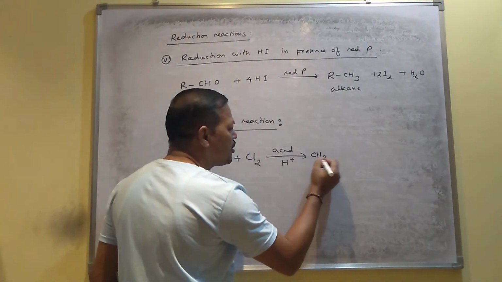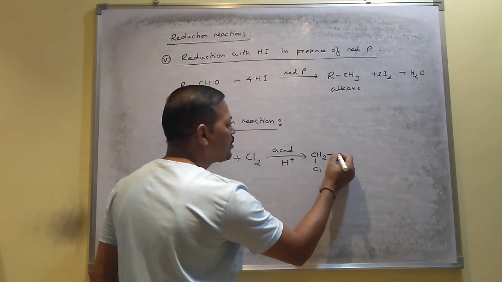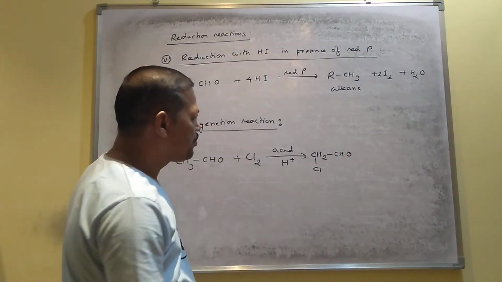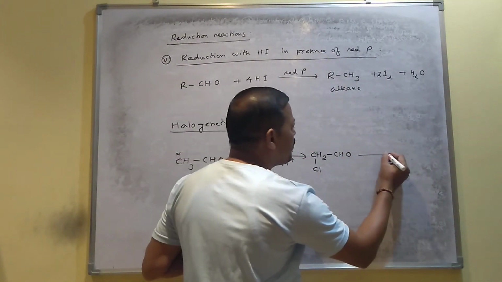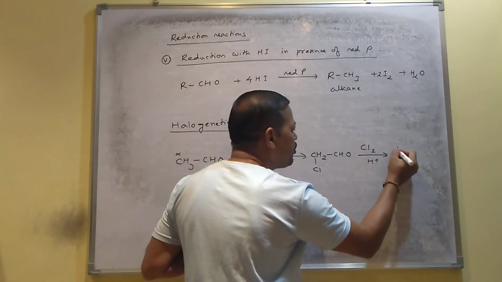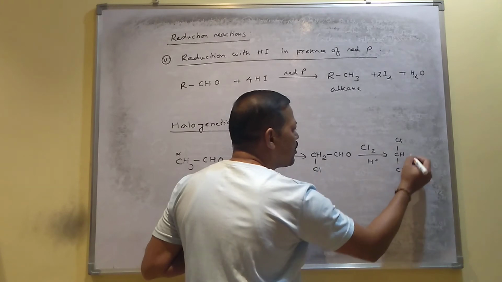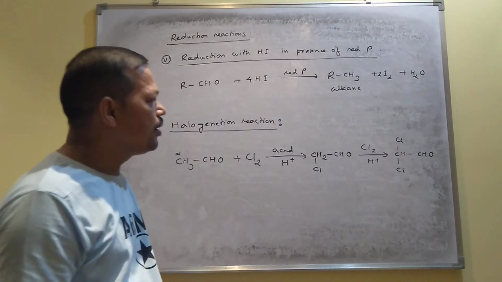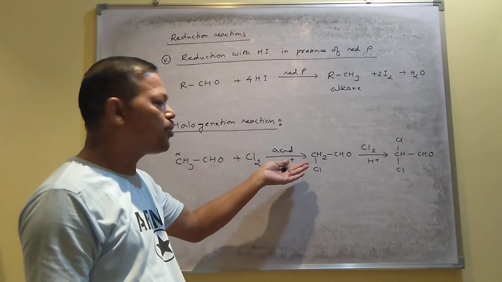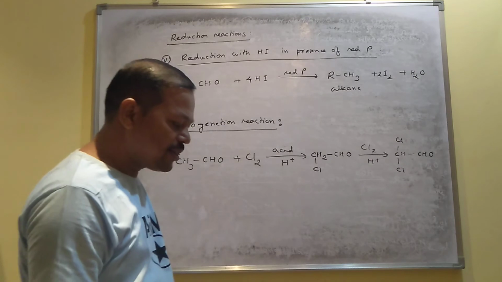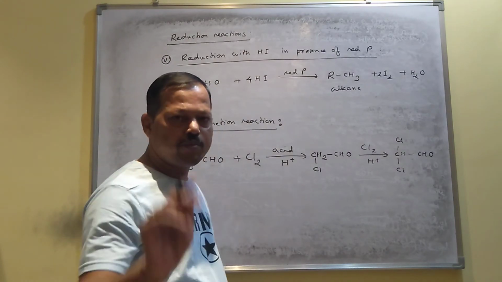Ultimately you will get CH2Cl CHO, 2-chloroethanal. Similarly, if you apply chlorine again in presence of acid, another hydrogen will be removed. One by one hydrogen will be replaced by chlorine, and since halogen is joined with the carbon, these reactions are called halogenation reaction.